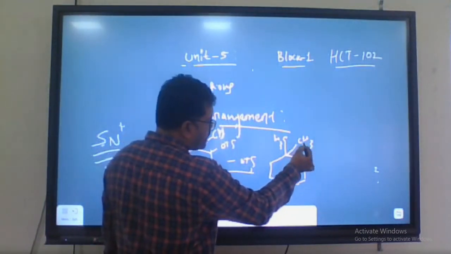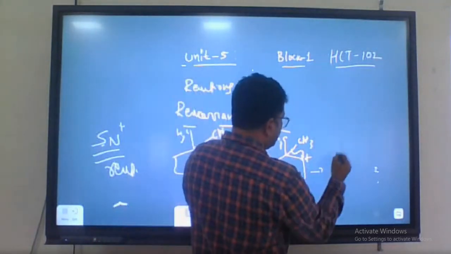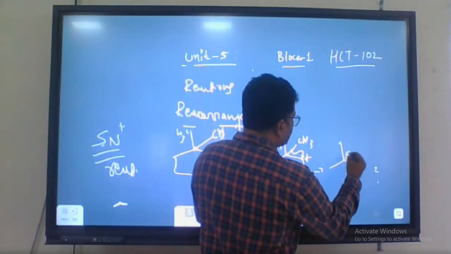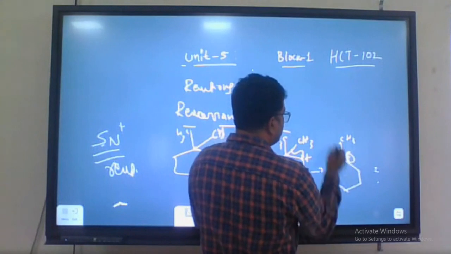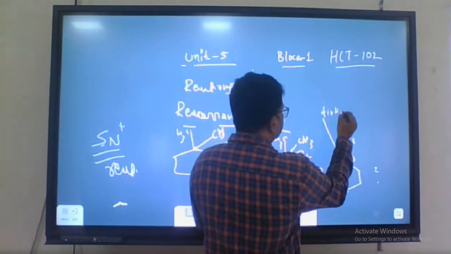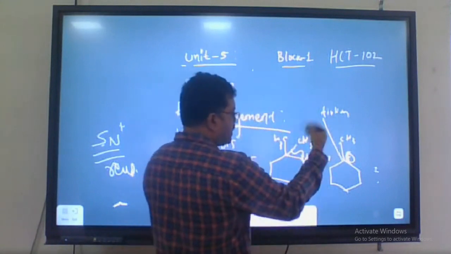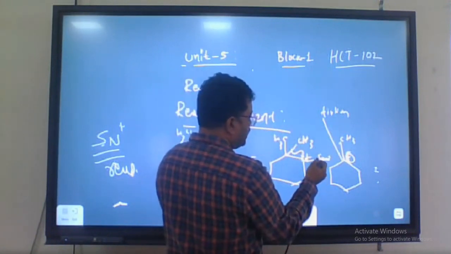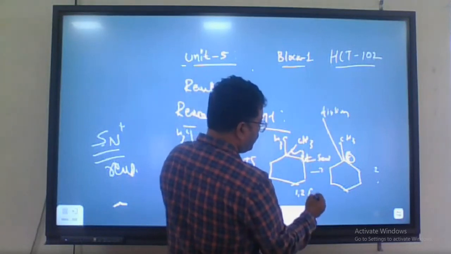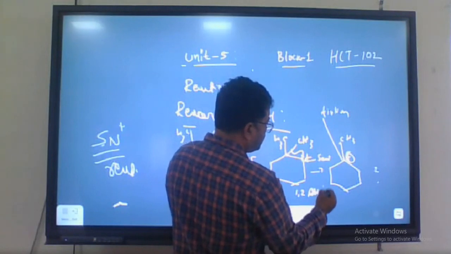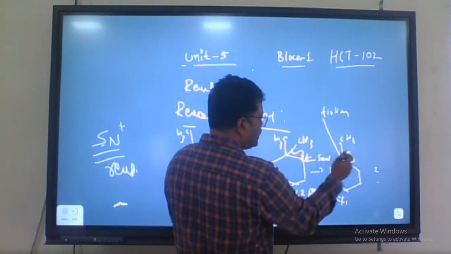This we call an alkyl shift. After shifting of this one, the generated carbocation is tertiary. So this is tertiary. This is secondary. Secondary is unstable compared to tertiary. That's why we call it an alkyl shift. After shifting this alkyl, it generates what?